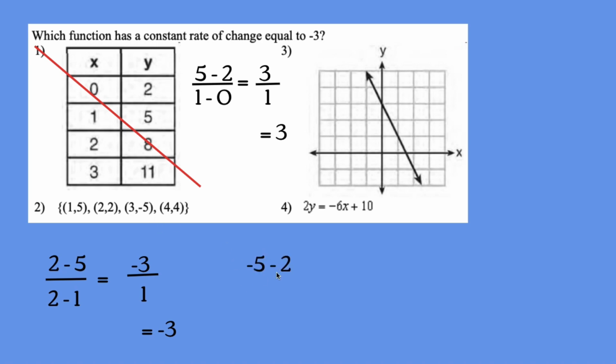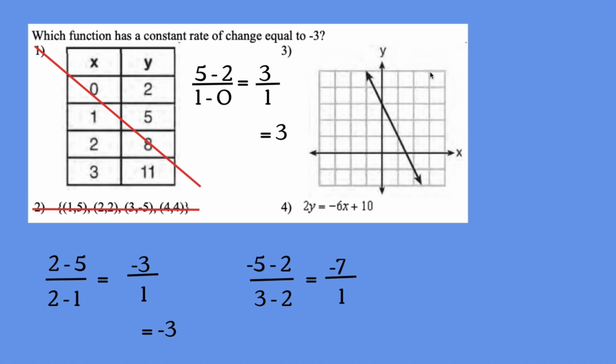So our y2 is negative 5, y1 is 2, our x2 is 3, and our x1 is 2. When we solve, we get negative 5 minus 2 is equal to negative 7, and then 3 minus 2 is equal to 1. We know that this is negative 7. It is not equal to negative 3, so 2 is not our answer.